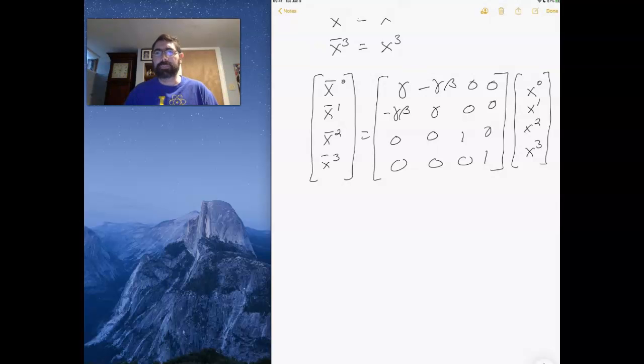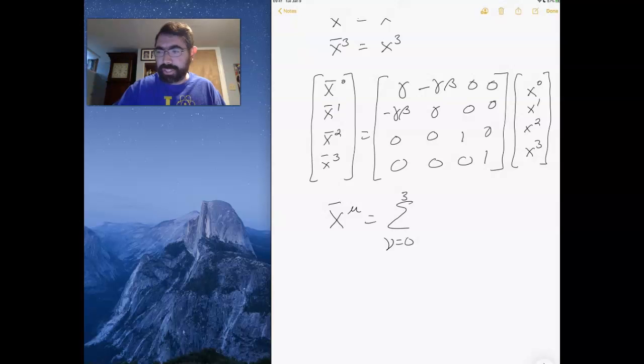Okay. So this is the Lorentz transformation. So I can write it down now algebraically as x bar mu is equal to the sum over nu from 0 to 3 of my transformation matrix, nu mu, times x nu, where mu runs over 0, 1, 2, and 3.